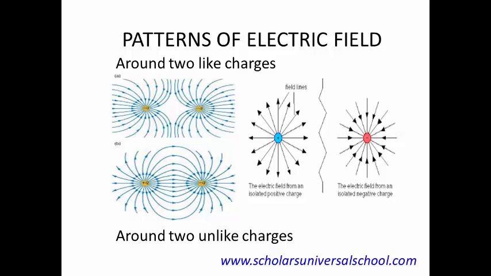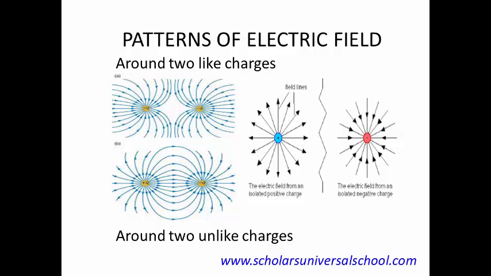Here we have two negative charges which are repelling each other. We see the lines of force moving out of the negative charge. The same thing you will see with the positive charge: the lines of force move outward from the positive charge.